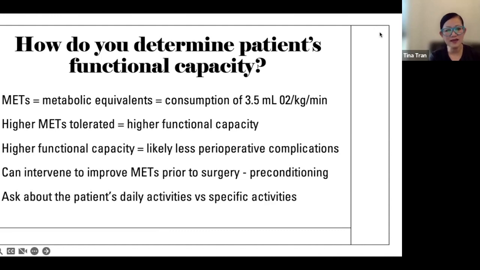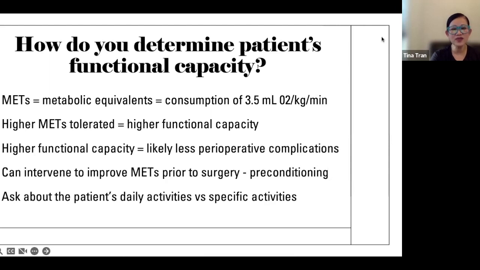The goal of determining this is that the higher the functional capacity, the more likely they are to recover quickly after their surgery. They're less likely to have perioperative complications overall. A frail patient, in general, is likely going to have complications and a longer recovery than a patient who was active on a daily basis.